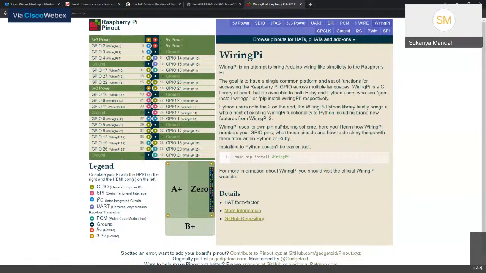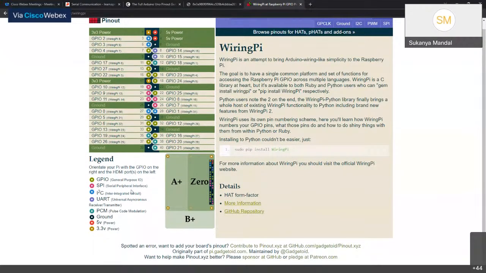If you want to connect sensors to one or many of these GPIO pins, you just need to specify those pins, and you can use this wiringPi library. It's a Python library. You can use it to configure those sensors on the code side on these particular GPIO pins.